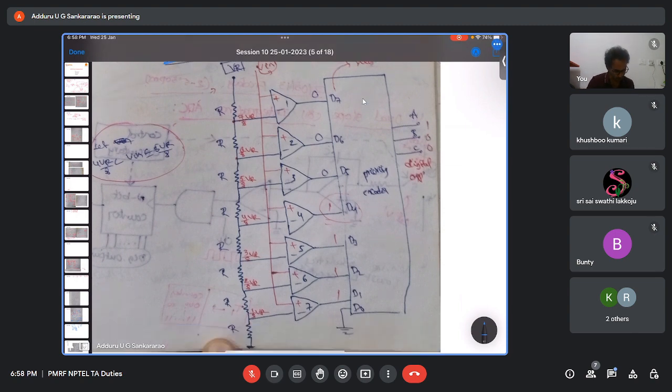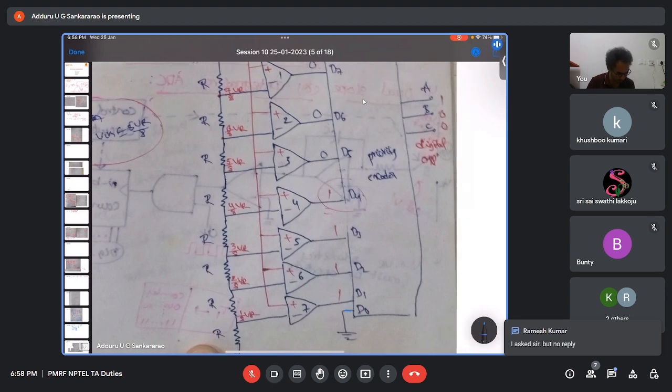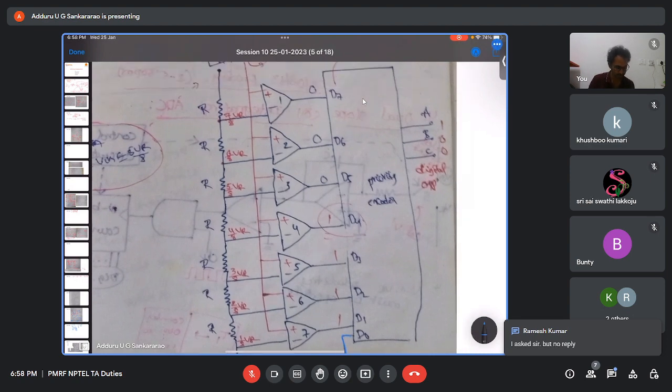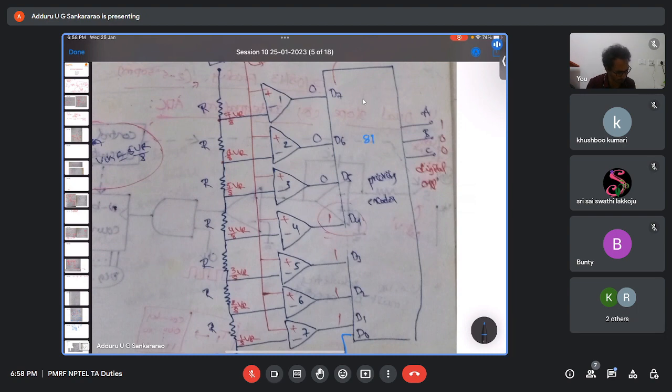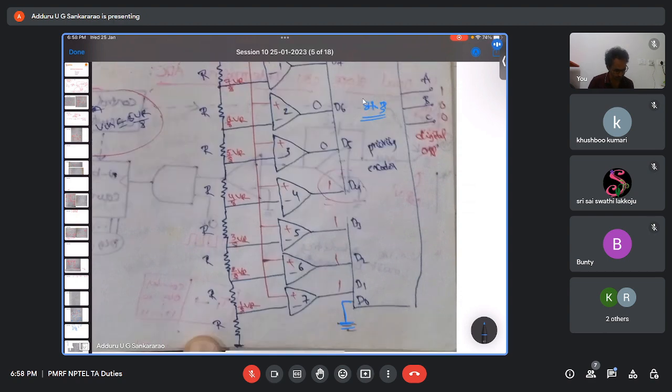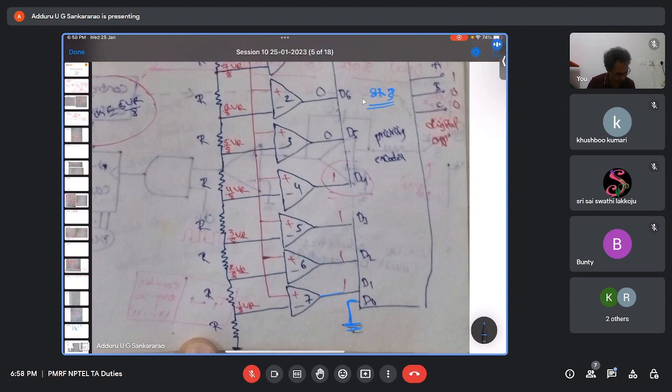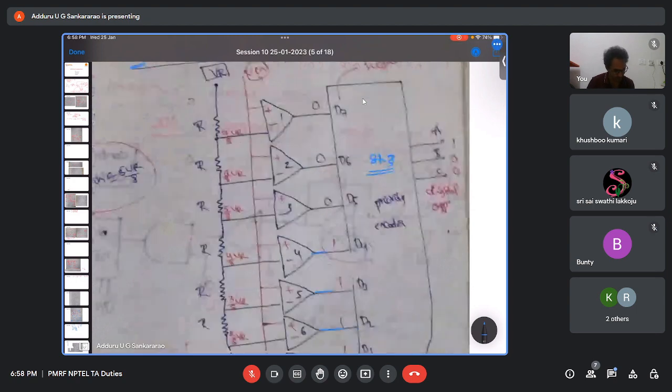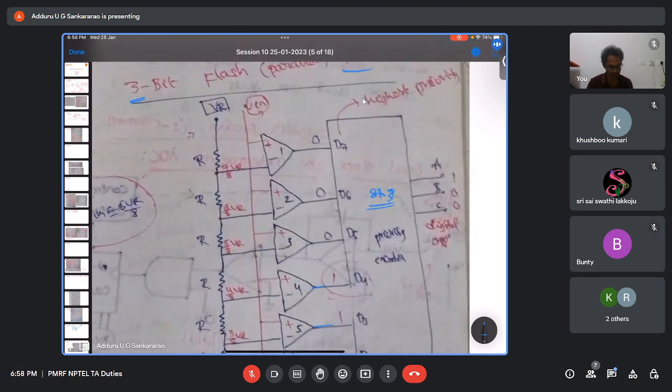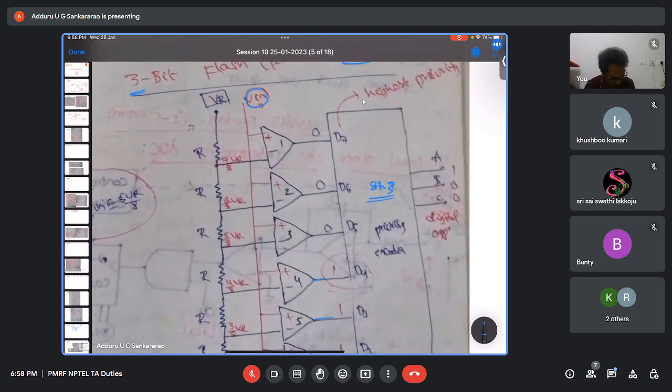So if you see here, D0 is connected to ground. Let us say this is an 8 to 3 priority encoder, D0 to D7. The lowest bit is connected to ground, and each of the others is connected to a comparator, and you have a potential divider arrangement like this. Whatever sample value V in we want to give, let us say 4.8 volts, is given to all the plus inputs of the comparators.